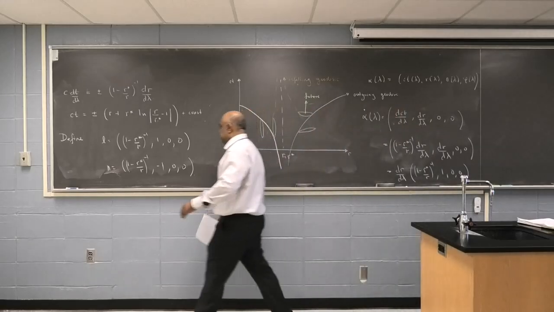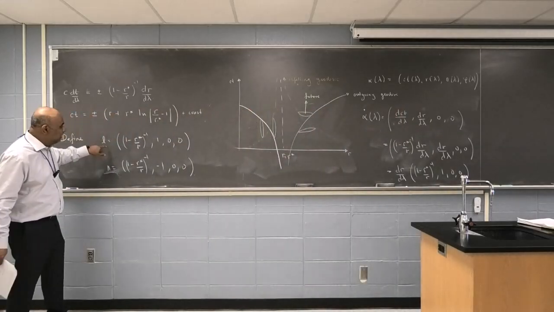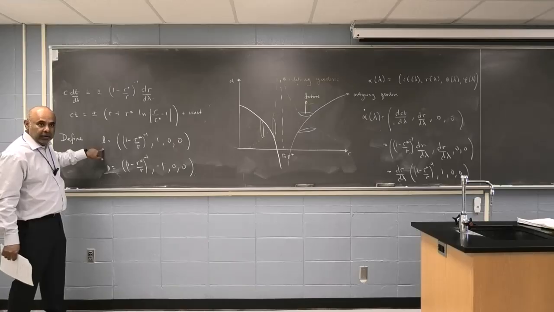So this is the tangent vector that is proportional to the outgoing geodesic. Yeah?